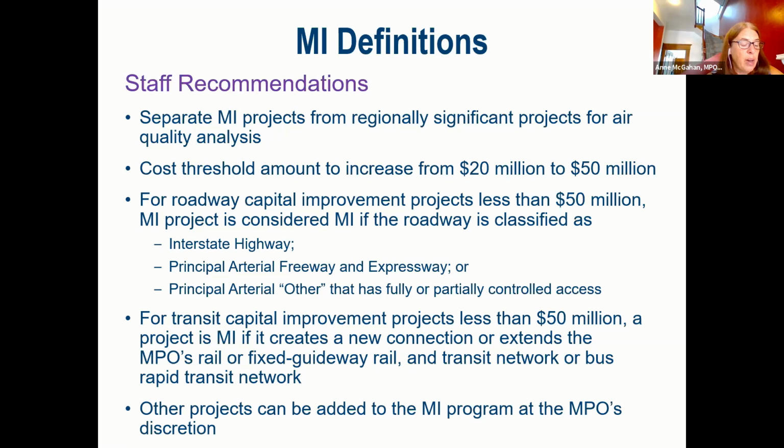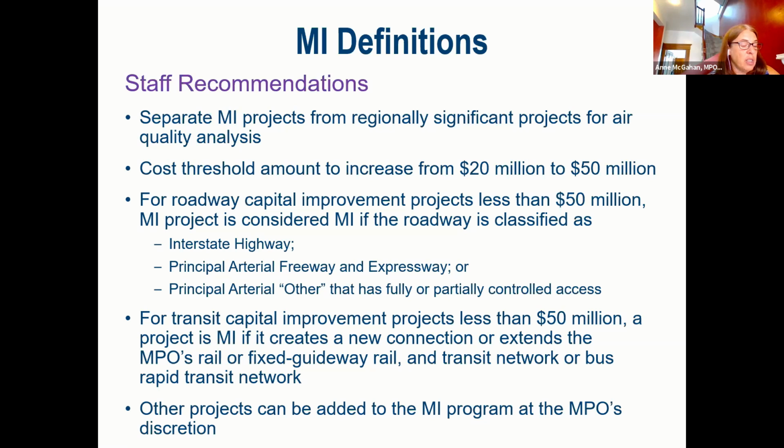The cost threshold amount for a project to be designated as major infrastructure would increase from 20 million to 50 million to allow the MPO to maintain a level of scrutiny for higher cost projects while creating a more distinct separation between the major infrastructure program and other investment programs, and potentially reducing the need for LRTP amendments.